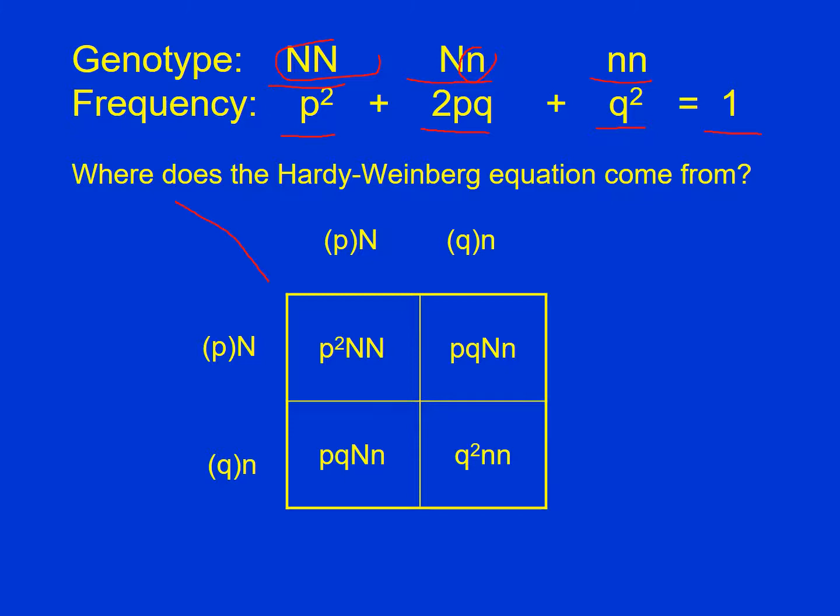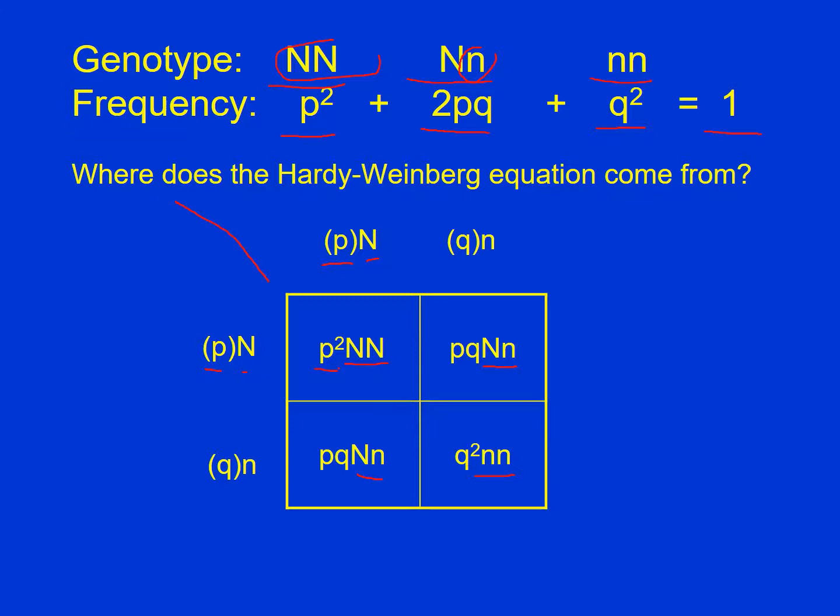So P is the frequency of the dominant gene in both the males and the females, all right? So we fill in the Punnett square with our genes there. And then what's the probability of getting two dominant ones here? It's just P times P equals P squared.